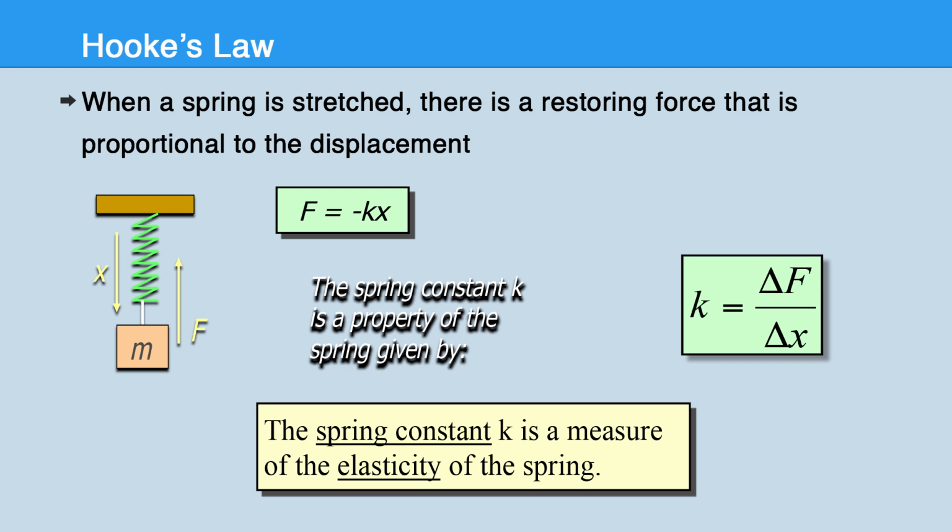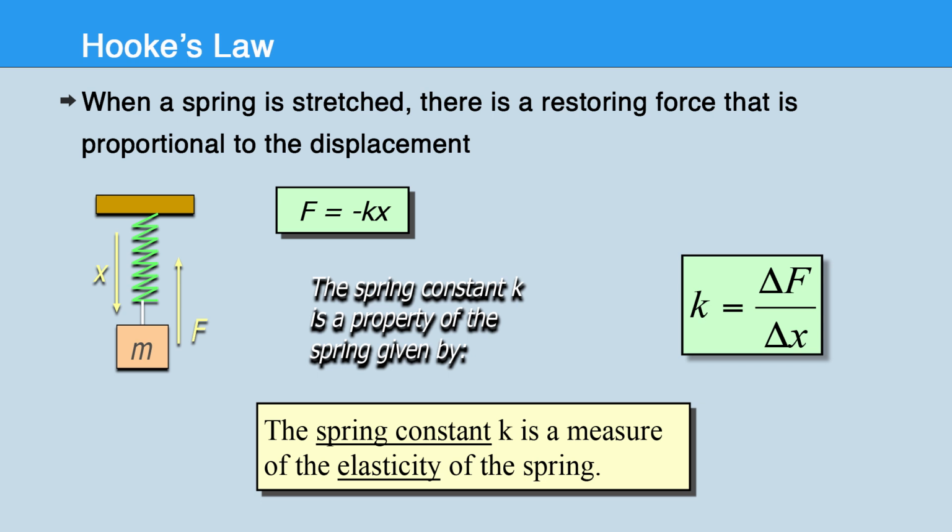The negative sign indicates that the restoring force is in the opposite direction of the displacement. That means if you stretch the spring in the positive direction, the restoring force pulls it back in the negative direction.